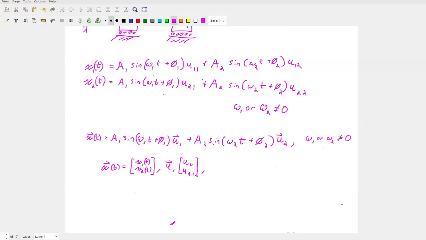And then I've got my vector u of 2, which is u12 and u22.